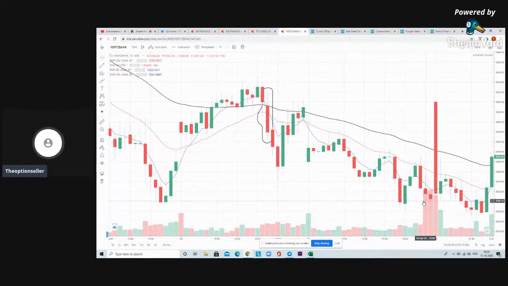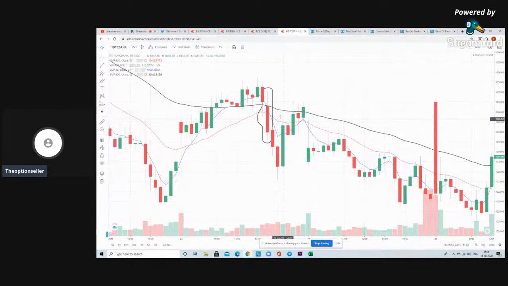Yeah, entry is at the closing price, Vaibhav. So my question is, this candle which I have circled, should we be taking an entry on this candle or not? No, correct.